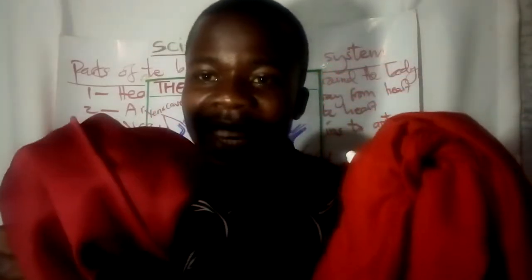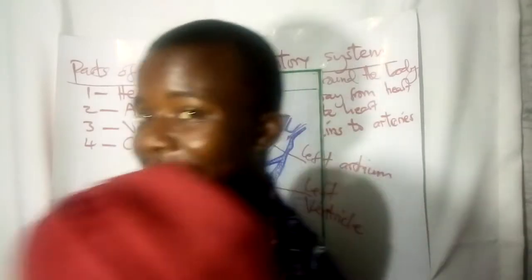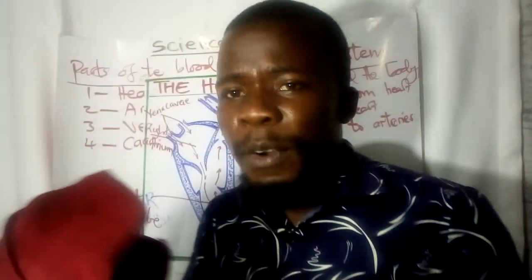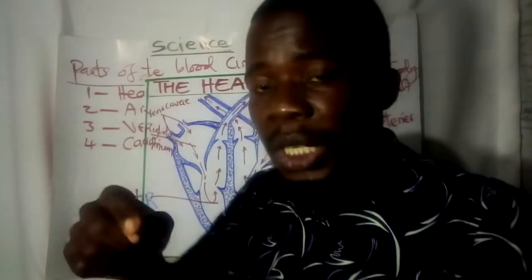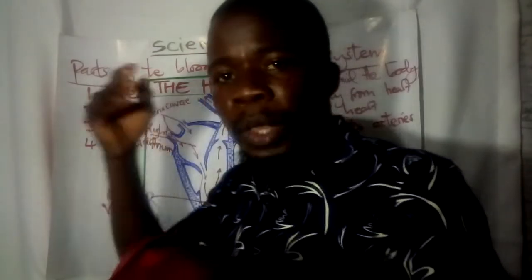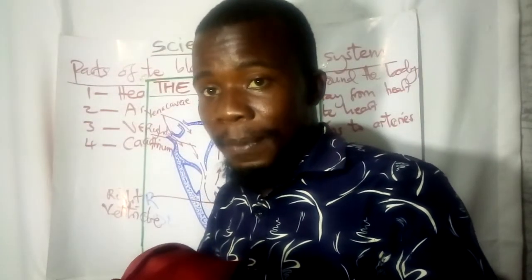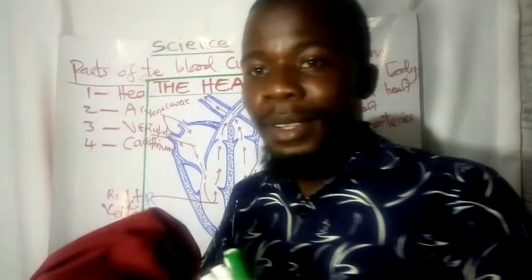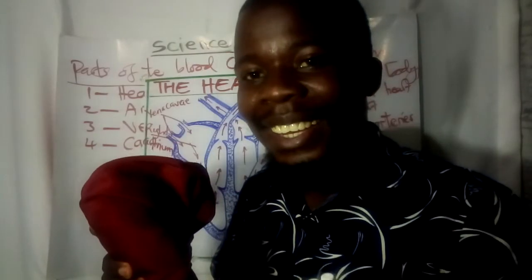And this one is dark red in color. So we are saying the blood that comes from all parts of the body entering the heart through the vena cava looks dark red in color because it contains more waste products. All right? So, looks like this. Dark red in color.